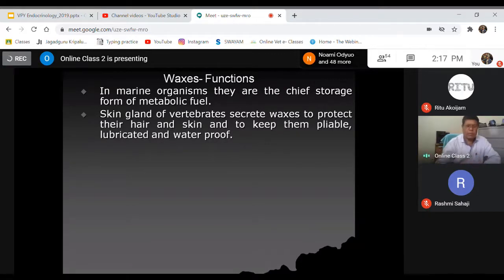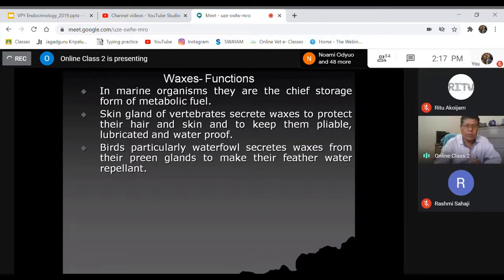Third, birds, particularly the waterfowl, secrete the waxes from their preen glands to make their feathers water repellent. That feather has to be water repellent, and that is possible because of the secretion of the waxes. So it has this specific function.